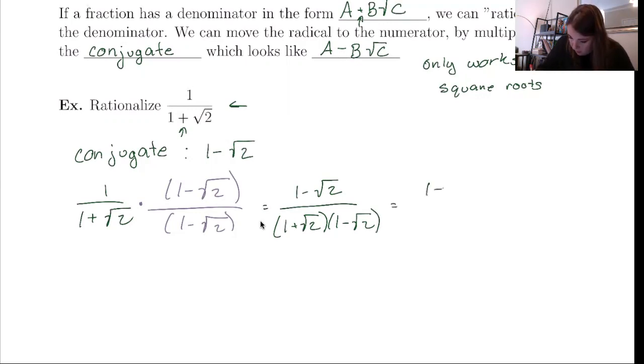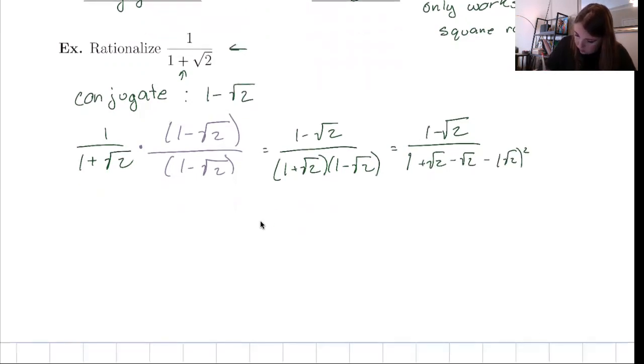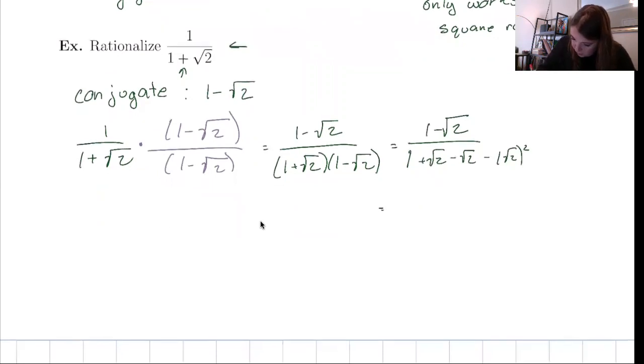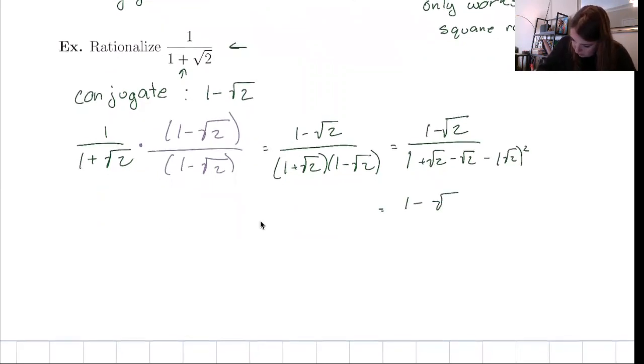All right, so when I FOIL the denominator out, 1 times 1 is 1, plus root 2 minus root 2, and then minus root 2 squared. That simplifies to 1 minus the square root of 2 times itself, which is just 2.